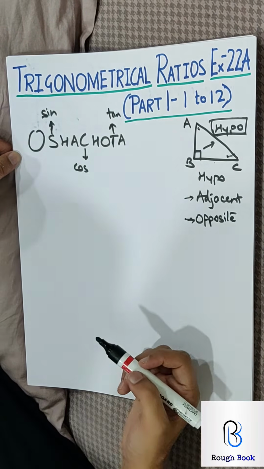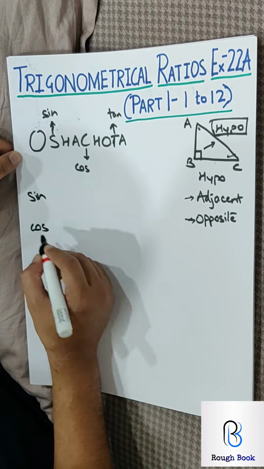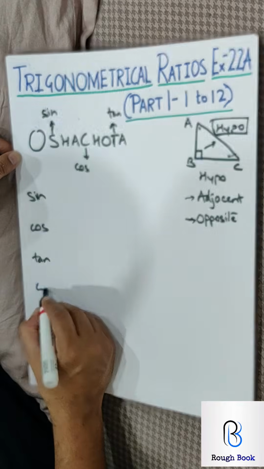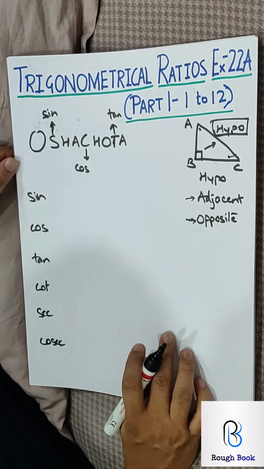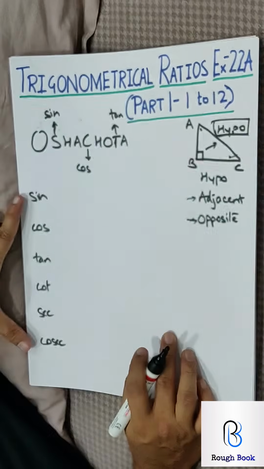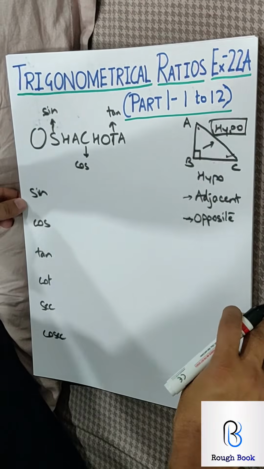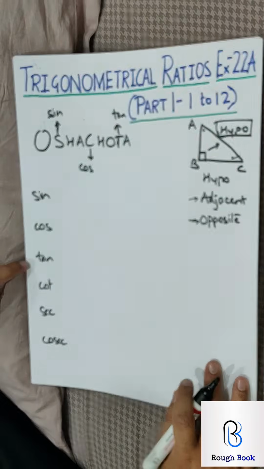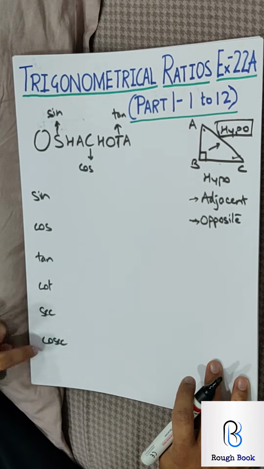Now what are these sine, cos and tan? These are some trigonometric ratios: sine, cos, tan, cot, sec and cosec. So in trigonometry, these are 6 trigonometric ratios which you are expected to know thoroughly. Sine, cos, tan, cot, sec, cosec, same sequence.